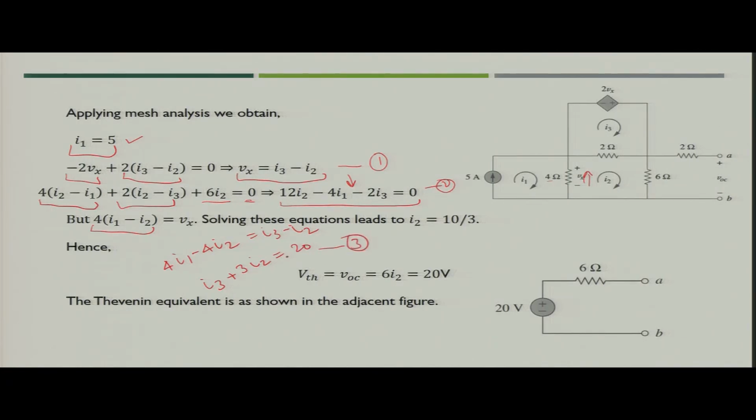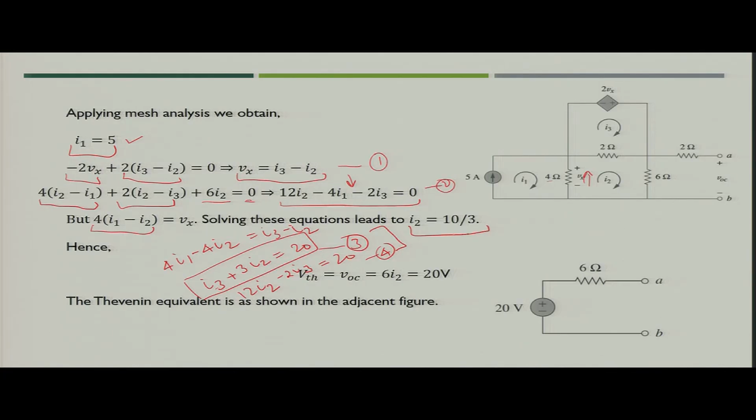So this you get another equation which is only in terms of I3 and I2. You will put the value of I1 here, you will get 12 of I2 minus 2 I3 is equal to 20. Now you have these two equations where only unknowns are I2 and I3. So you can simply solve, and finally you get the value of I2 as 10 by 3 ampere.